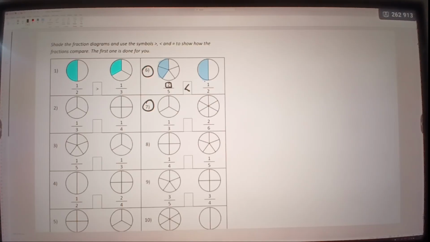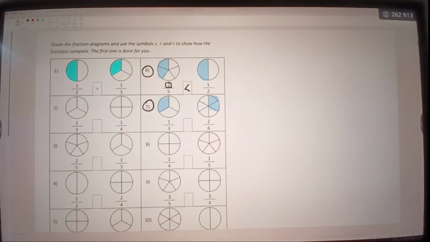So less than 1/3 and 2/6. So you can shade 1/3 means only one part. You have to shade both the circles, you have to shade the same region, otherwise you will not get whether it is, if you shade here, you cannot compare it.